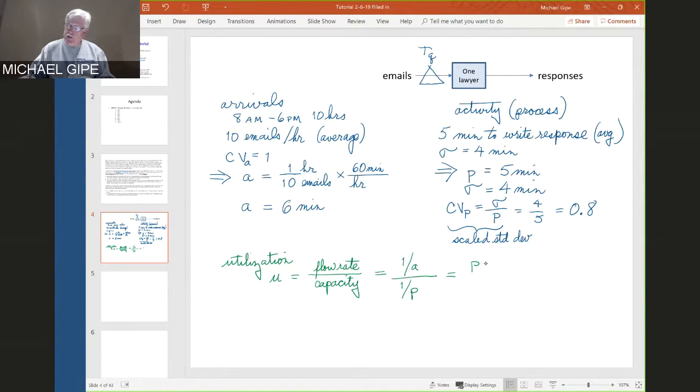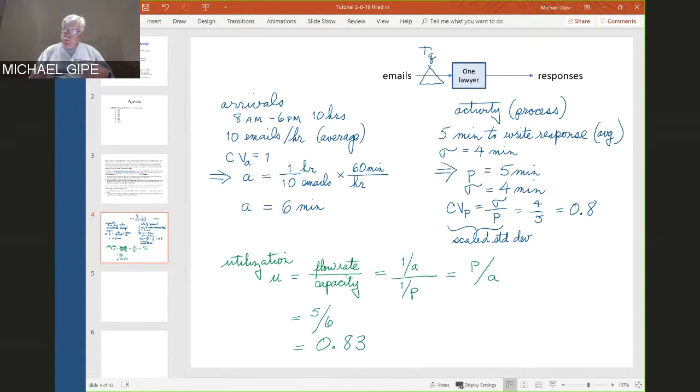And that looks a little bit nicer when we do it P over A, and that's going to be 5 over 6, inter-arrival time of 6 and processing time of 5, and so our utilization is going to be 0.83. I'm sure we're going to need that number somewhere along the way.